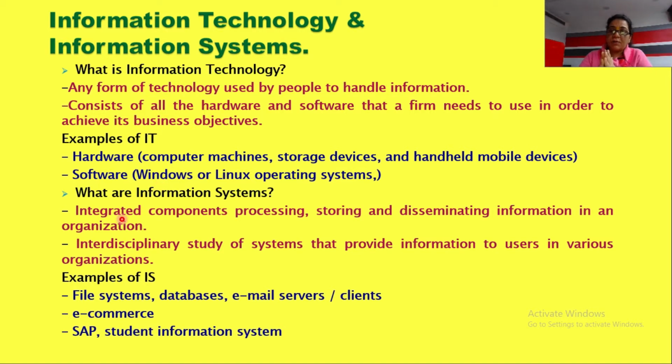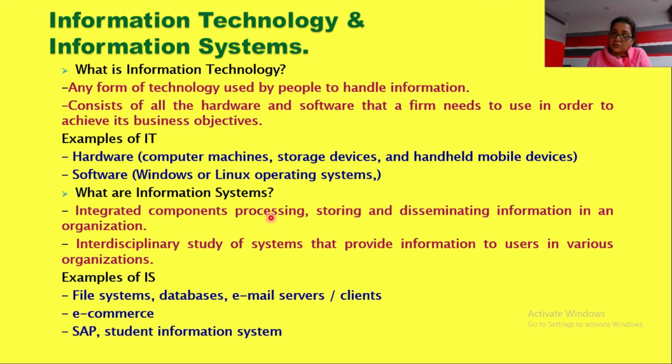See, when we talk about the information systems, for any organization, which all information is important, to extract that information, all those components which work togetherly in an integrated manner form the information systems. That is why we say integrated components, which include processing, storing and disseminating information in an organization.